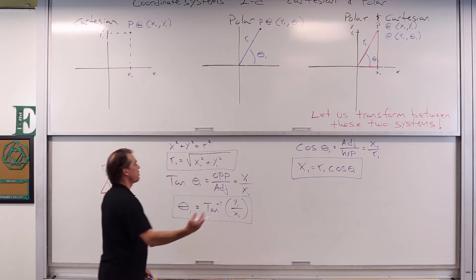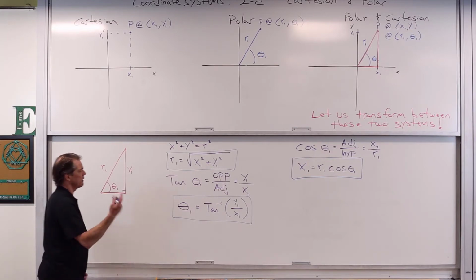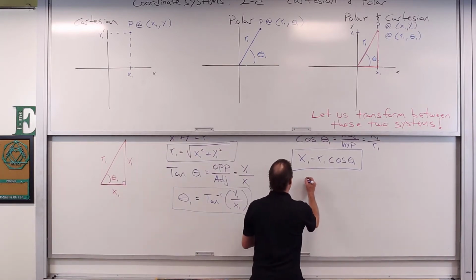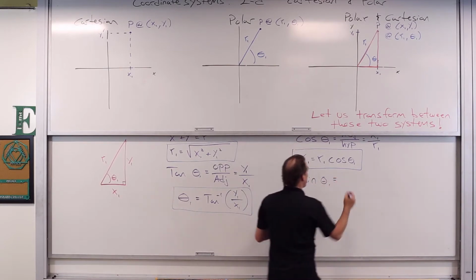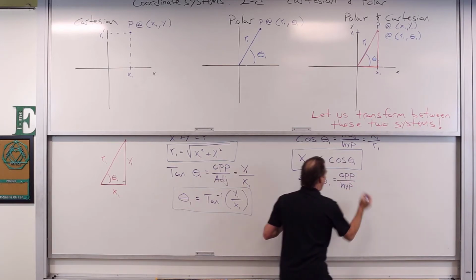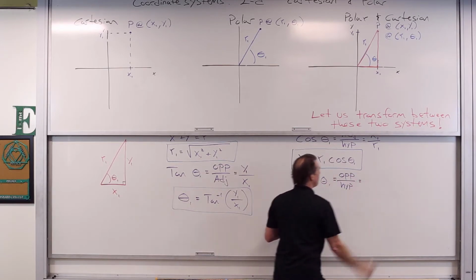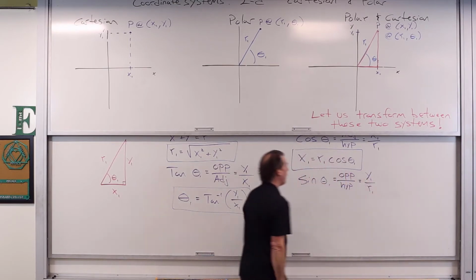If we know what r and theta are, we know what x is. Fantastic. Lastly, we want to know what y is as well, knowing what r and theta are. So what can we do? We look to the sine. Sine of theta is going to be opposite over hypotenuse by definition. And what do we get out of that? That is going to be equal to y1 divided by r1.